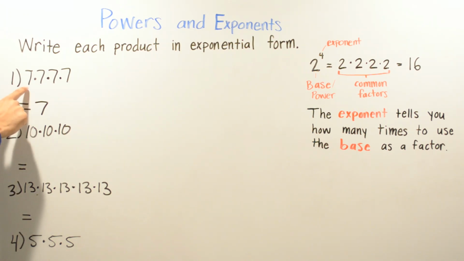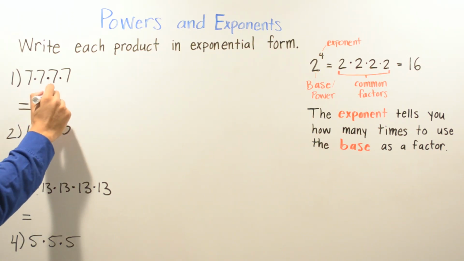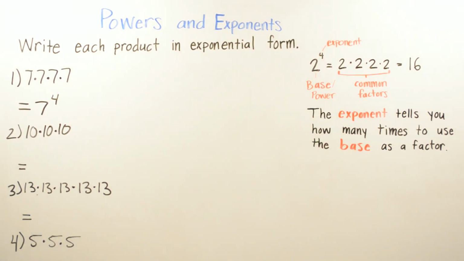In this case, it's 1, 2, 3, 4. So our exponent is going to be 4. So it's going to be 7 to the 4th power. So that's going to be our answer. You can pause the video and try to solve the next 3 problems on your own. And then play it and see if you got the same answer.